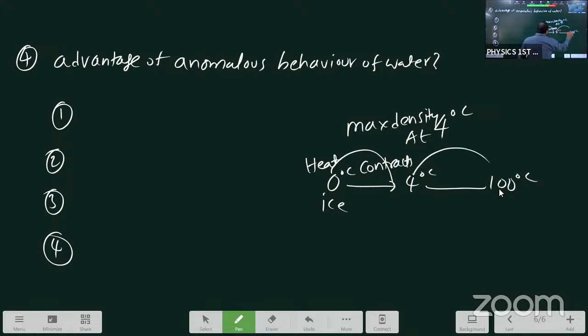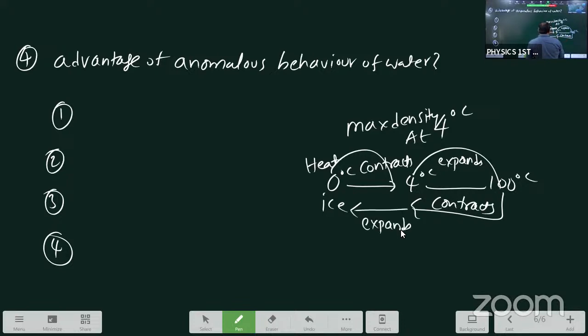From 4 degrees Celsius to 100 degrees Celsius, it expands. From 100 to 4, again it contracts. Again from 4 to 0, it expands. This special behavior we are calling anomalous behavior, student.